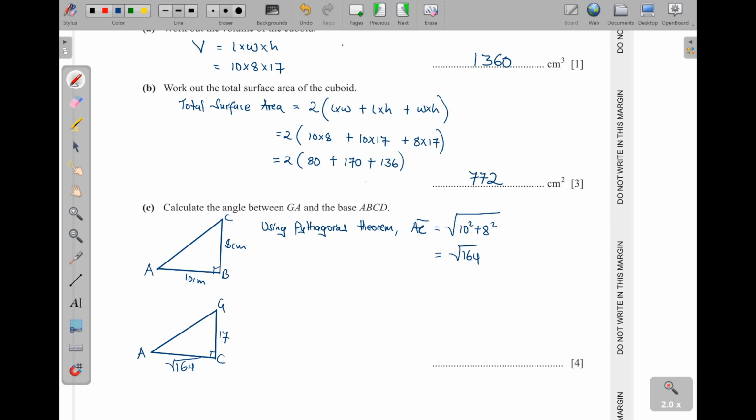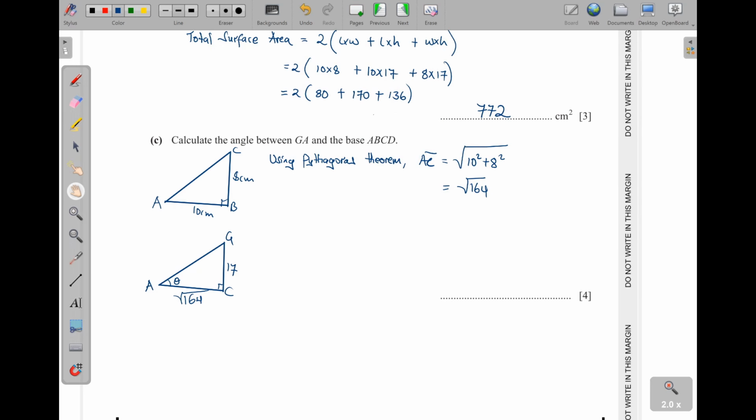And remember, when we have a right angle triangle, we can use SOHCAHTOA or the Pythagoras theorem. Now here we are going to use SOHCAHTOA, which represents the relationship between the trigonometric ratios. So this is opposite to the angle, the side which is far away, and then this is adjacent. So here we are going to use tan of that angle is equal to the opposite, 17, out of root of 164.